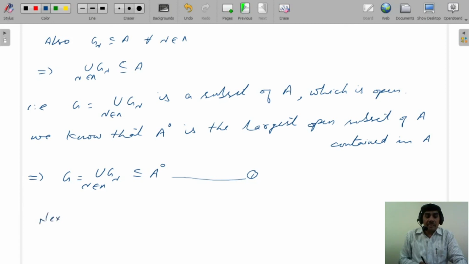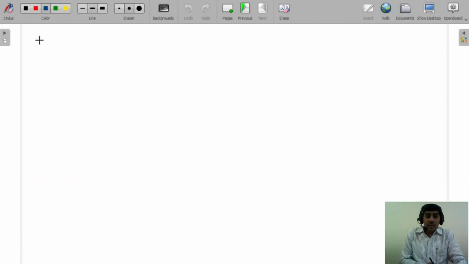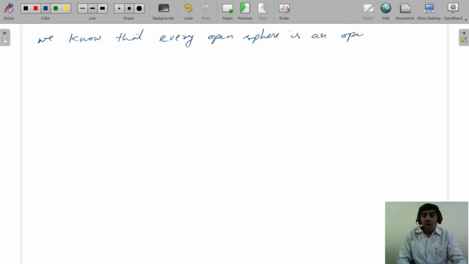Next, let x belong to A interior. So there exists r greater than 0 such that the sphere centered on x with radius r is contained in A. We know that every open sphere is an open set.